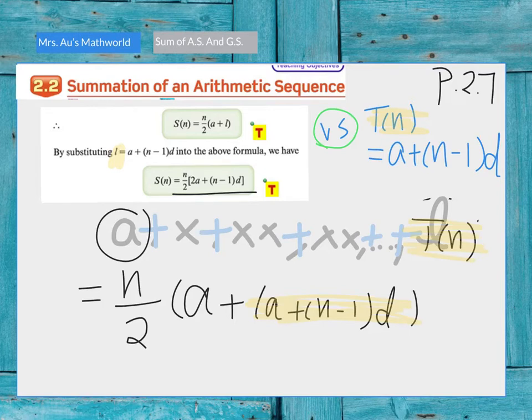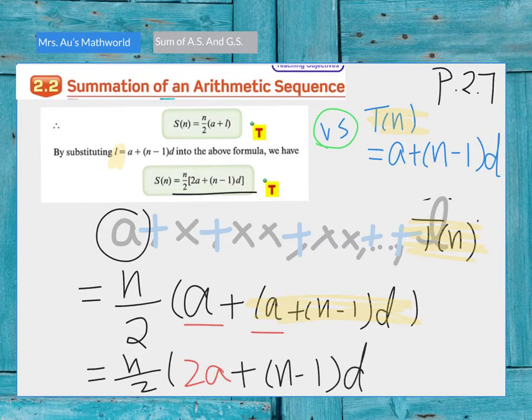Because we can take these two terms to be added together. So you will get n over 2 bracket a plus a becomes 2a, and then plus n minus 1 d. So it depends on the things that you have been given in the question. Alright, so let's see on the next example how we work on it.